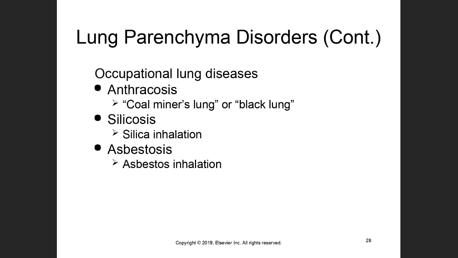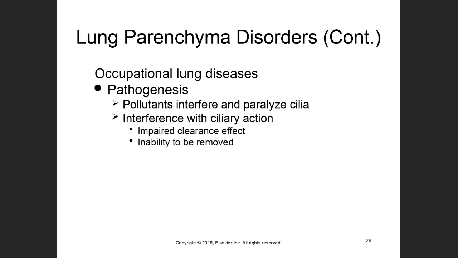Silicosis is exposure to silica, and asbestosis is exposure to asbestos. And this is special because that can produce bronchogenic carcinoma, or another one that I don't remember, that is really well known on TV. They are always talking about that.